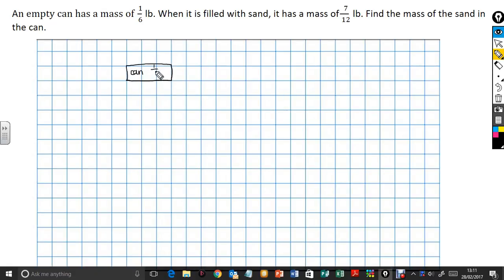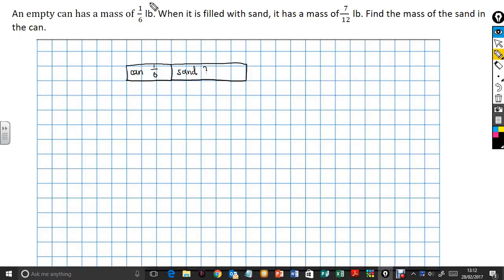I'm just going to put 1/6 there. And we add to that some sand, and this is going to represent my sand. This is not drawn to scale, by the way. So this is the sand, and we don't know how much this sand weighs.